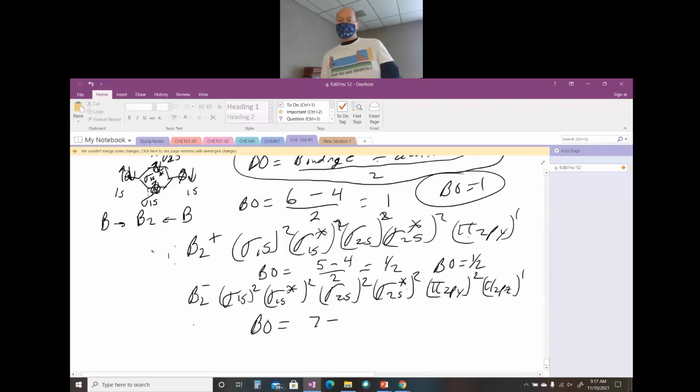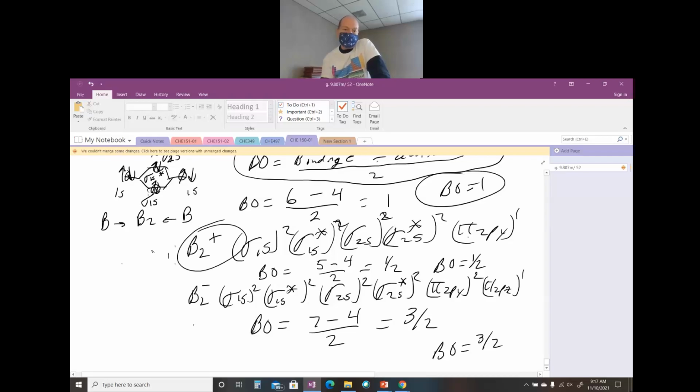I still have the same 4 anti-bonding electrons, and I divide by 2, and I get a bond order of 3/2. So your bond order here is 3/2. So this B2 plus has the smallest bond order because it is 1/2. B2 was 1, and B2 minus was 1.5. So that has the smallest bond order.